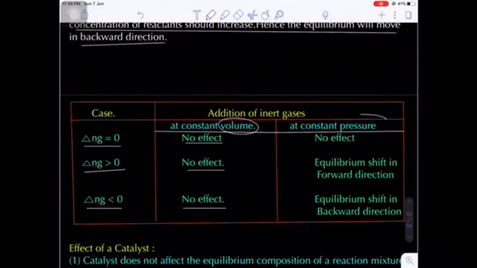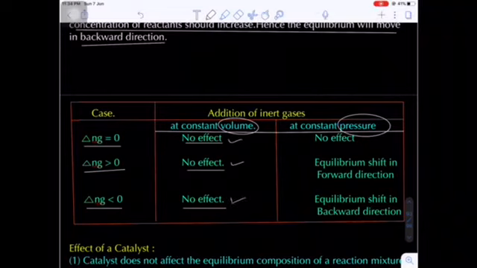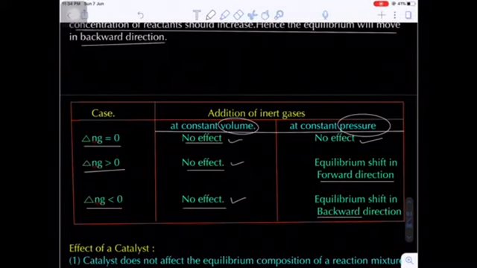At constant volume, simply we can say no effect on the equilibrium position. Now delta Ng 0, at constant pressure also no effect. If delta Ng is positive, the system moves in the forward direction. If delta Ng is negative, the system will move in the backward direction.